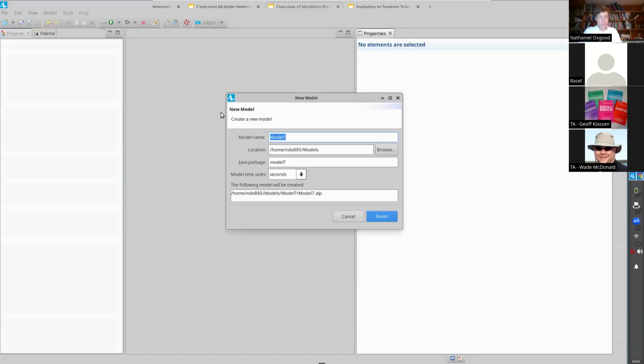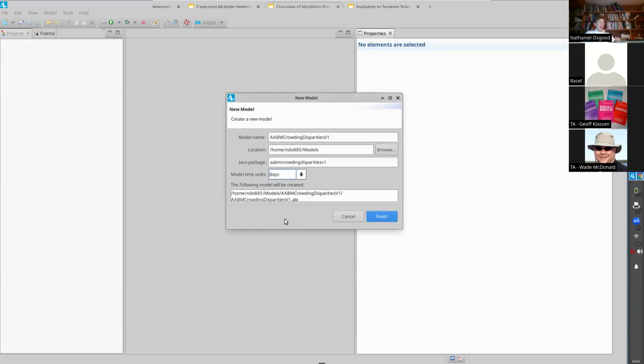And this will be called ABM crowding disparities V1. The model time unit, critically, which is important to capture early, should be a day.